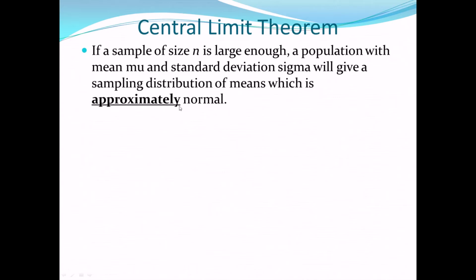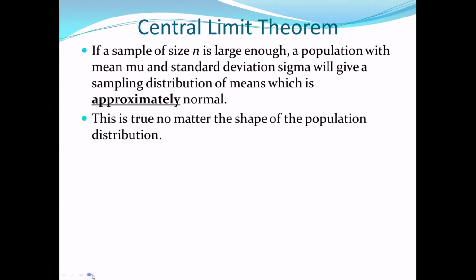It's going to be such a good approximation, you can do normal calculations without giving it really a second thought. This is true no matter the shape of the population distribution, and I've got a demonstration where I'm going to create the craziest population, and the sampling distribution will look nice and bell-shaped, trust me.